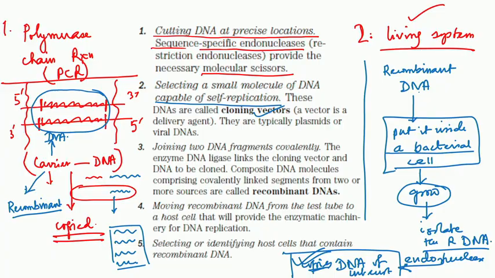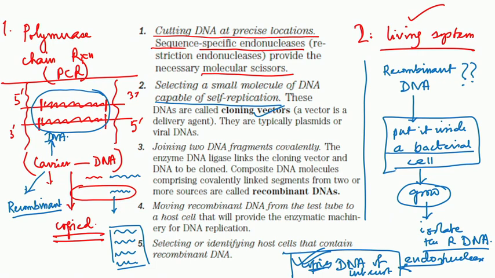Now, the question to be asked here is, how do you make this recombinant DNA? That is number one. The second, I think, is the most important, because this recombinant DNA is basically what we are talking about: you have a vector DNA and you attach your DNA of interest.